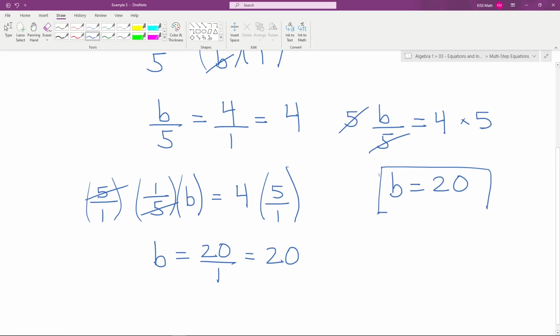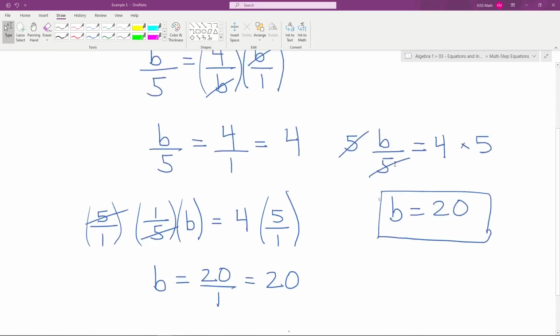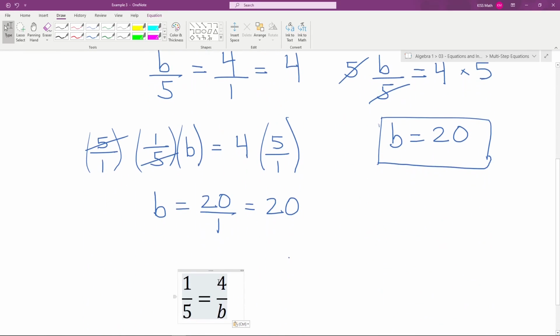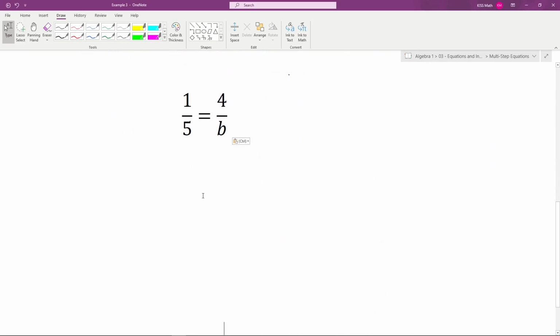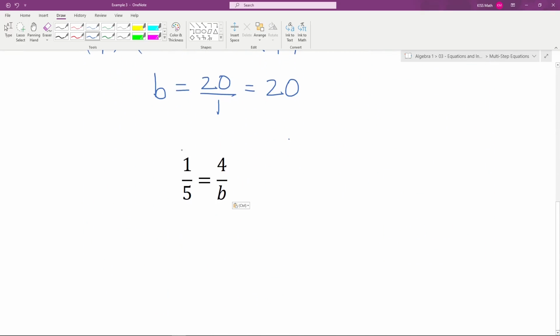Well, I've circled the answer without checking it, but that's okay. Let's check it here. Okay, so this was our original problem. And we said b equals 20, so I'm going to plug in 1 over 5 equals 4 over 20.